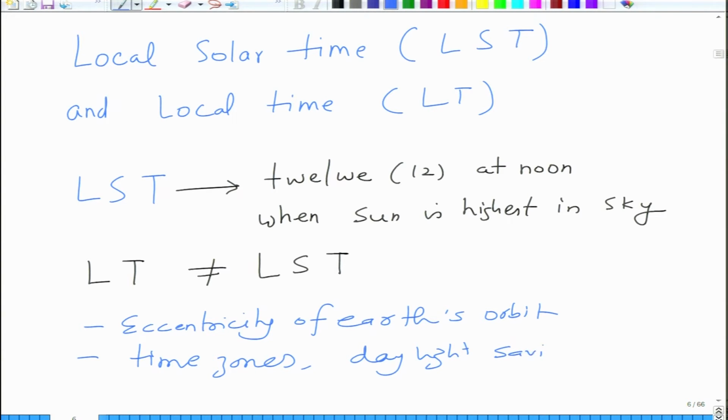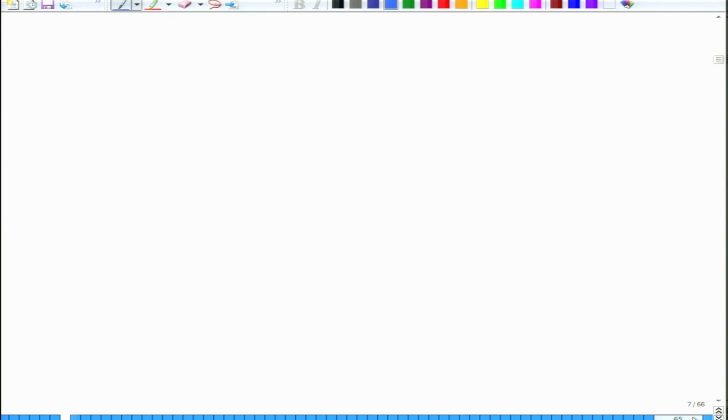There are some nations which have daylight saving. For example, India doesn't have daylight saving, but many Western nations follow it, especially in countries where day and night times vary significantly as a function of the time of the year. So to save the daylight, they move their clocks by 1 hour ahead or behind, depending upon the time of the year. So for this, we need to make certain calculations.